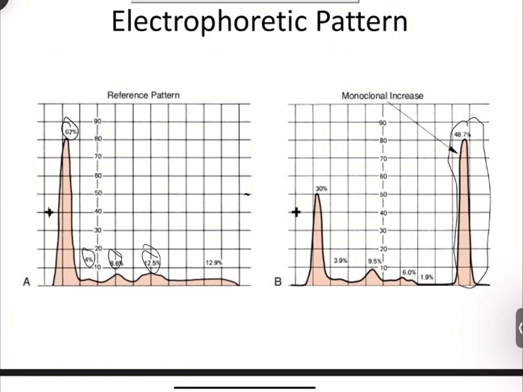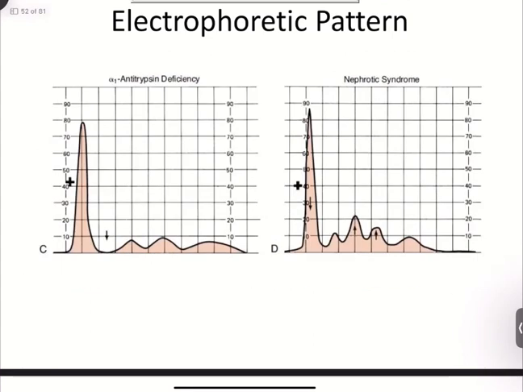When you say monoclonal increase, these are increases in antibodies because this is a region for your antibody. Okay, next you have alpha 1 antitrypsin deficiency, a decrease in this area of your alpha proteins.